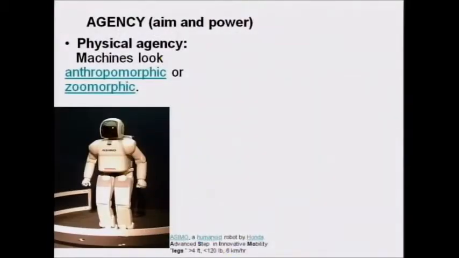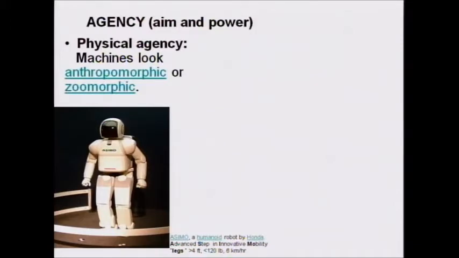Physical agency is the one that we are very familiar with. By physical agency, we mean that the robot should look anthropomorphic, like a human being, or zoomorphic, like animals. The example of the anthropomorphic robot is this biped robot called Asimo, developed by Honda.